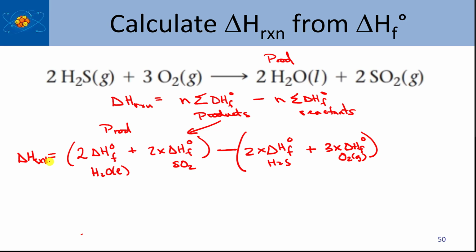Now, to make your life a little simpler, look at the things that you have and check to see if any of them are reference forms. So O2 gas is the reference form for O2 gas. And delta H of formation is the energy it takes to make the substance from its reference state.